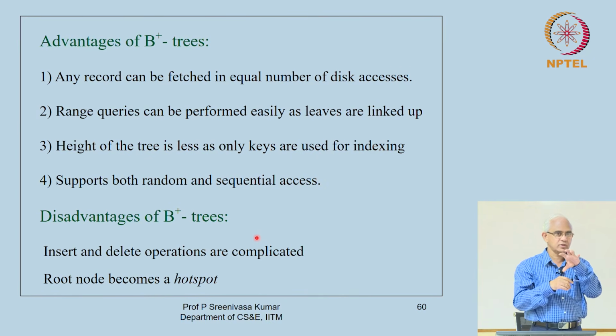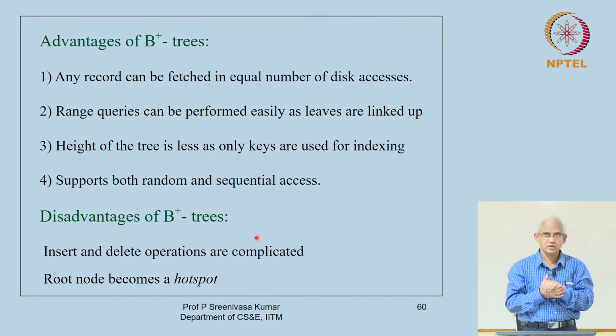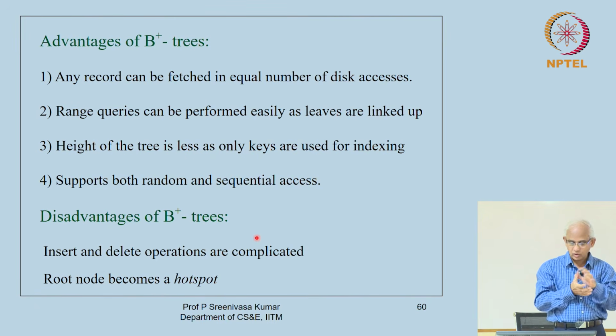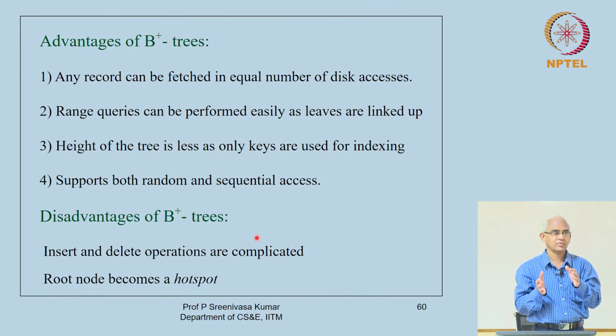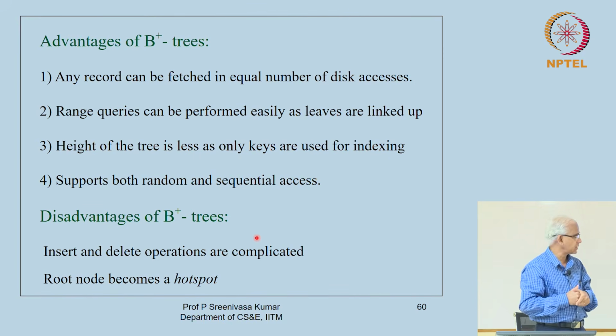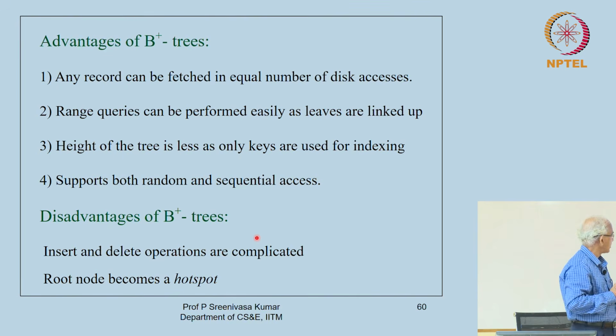So the root becomes in some sense a most sought after node block, and kind of becomes a hotspot, because we will later on see that if you want to change anything, you have to lock things. If you lock it, then nobody else will access it. So there will be a lot of issues. So it becomes a hotspot. That is the only disadvantage with B+Trees.